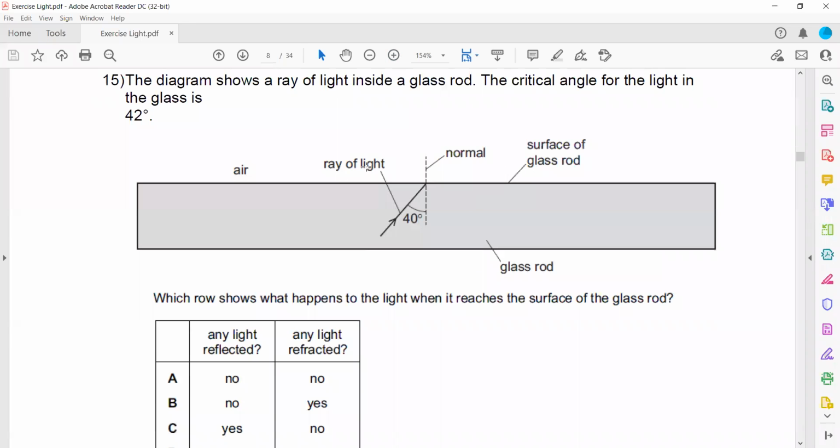So whenever the angle of incidence is less than or equal to the critical angle, there will be reflection and there will be refraction. But if the angle of incidence is more than the critical angle, there is no refraction, all of the light will reflect.